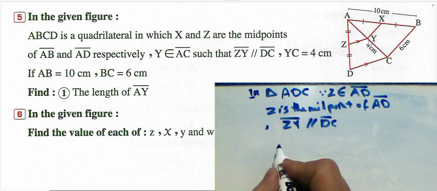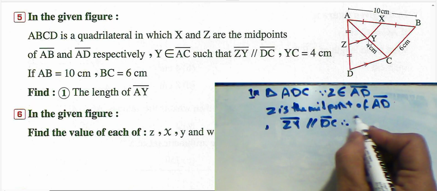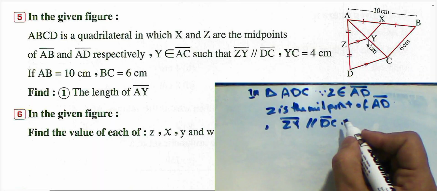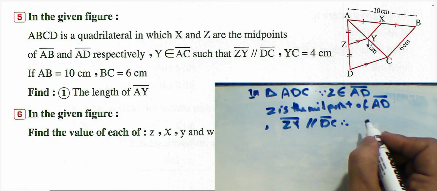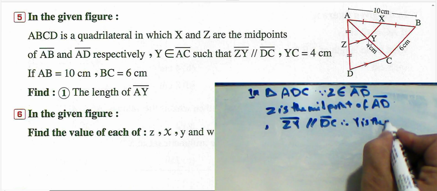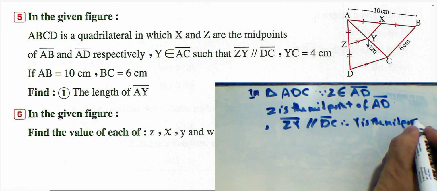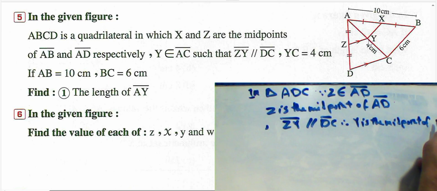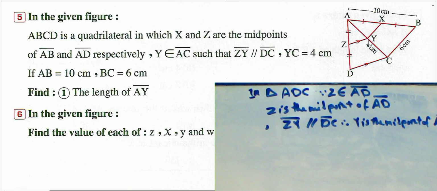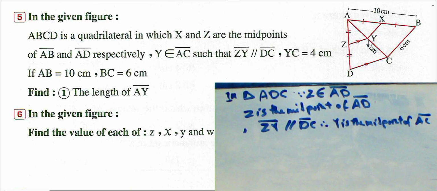They are parallel, and then you can prove that now. Then Y is the midpoint. In a straight line, ZY will bisect the line segment AC. Then Y is the midpoint of AC. Okay, Y is the midpoint of AC.